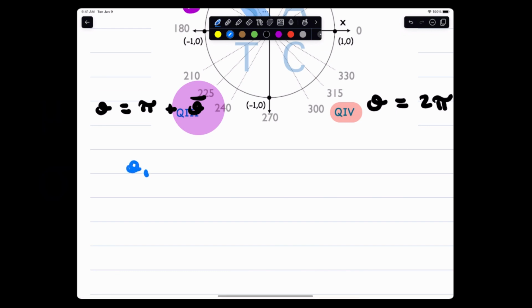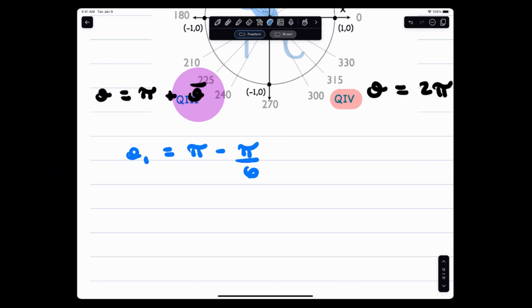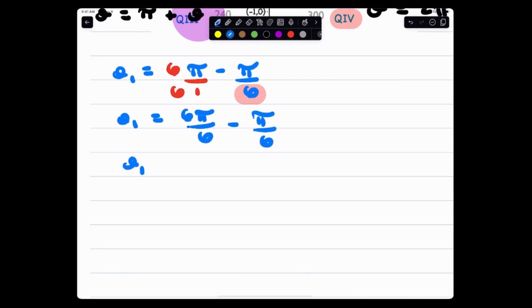My first answer is pi minus pi over 6. What's going to happen now? Put that over 1. So what are you going to use? Good job. How long have we seen that arithmetic? Since the beginning. Okay, so what's your answer going to be? 5 pi over 6.